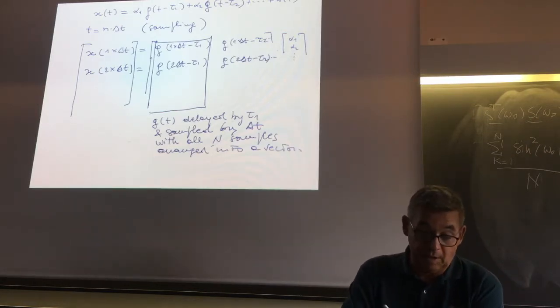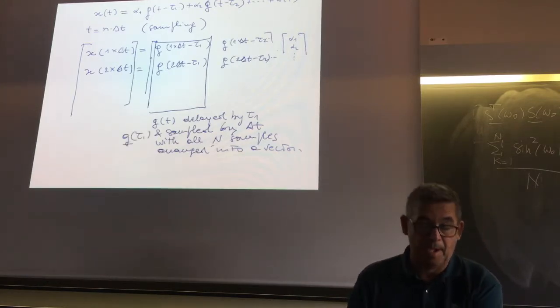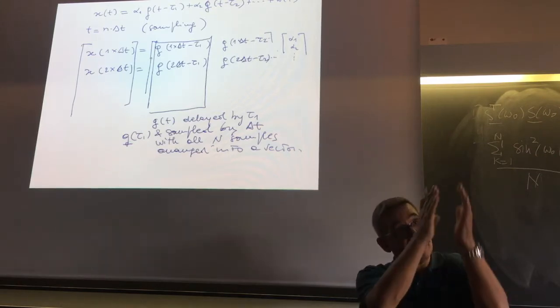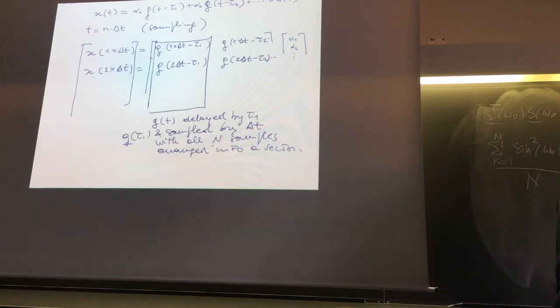I call this one g of tau 1. It is a vector that contains g of t delayed by tau 1.